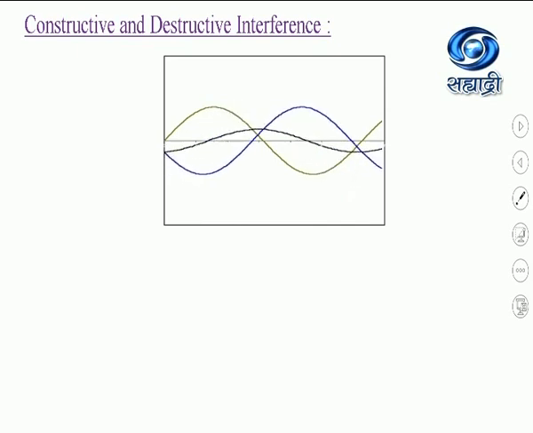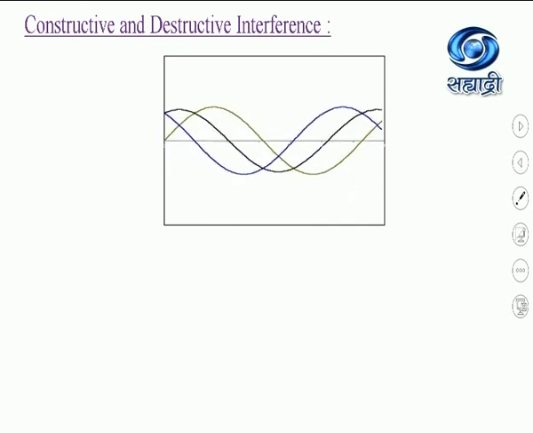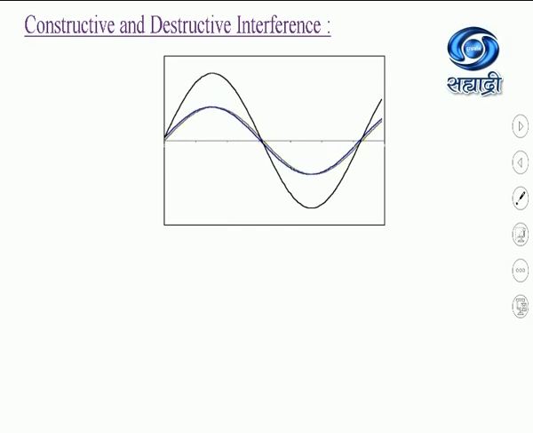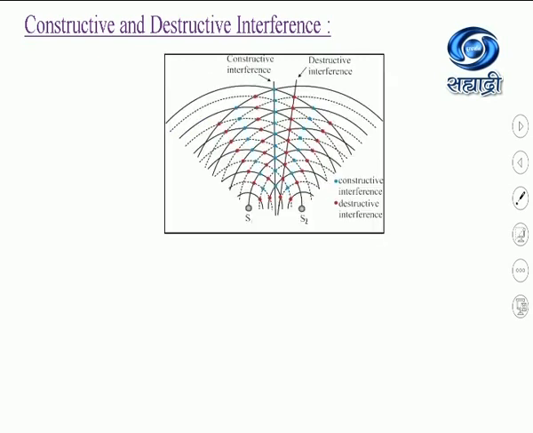Now let us understand the constructive and destructive interference in case of water waves. So we consider two sources, S1 and S2, which produce the waves on the surface of water. These two waves have the same amplitude, they have same wavelengths, and they are in phase with each other.